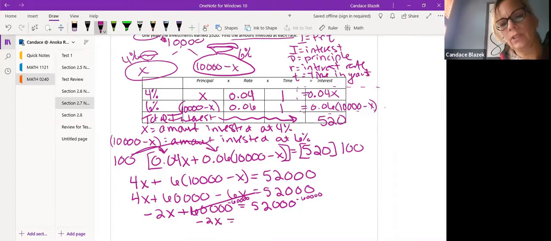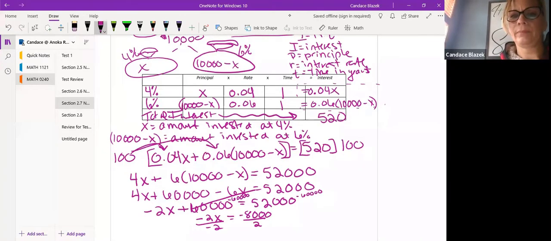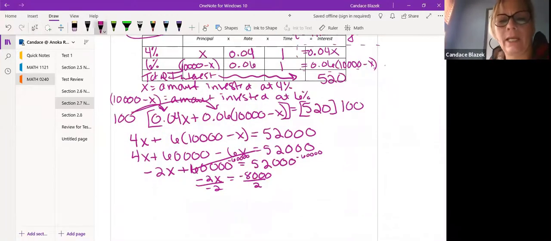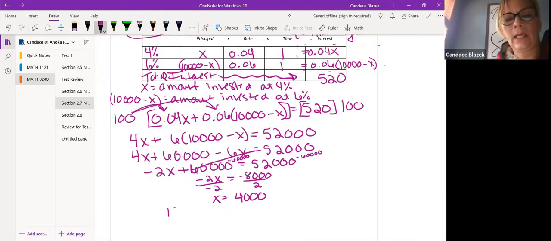Negative 2x is equal to negative 8,000. And then we will divide both sides by negative 2. And I get x is equal to 4,000. And 10,000 minus x would then have to be 6,000.